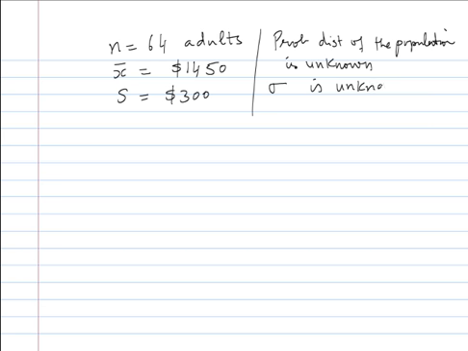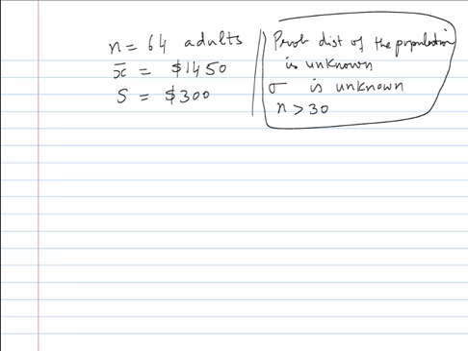We do not know the population standard deviation. We are told here only the standard deviation of the sample. However, n is greater than 30. So because of these three conditions, we can use the t-distribution to make a confidence interval for mu.